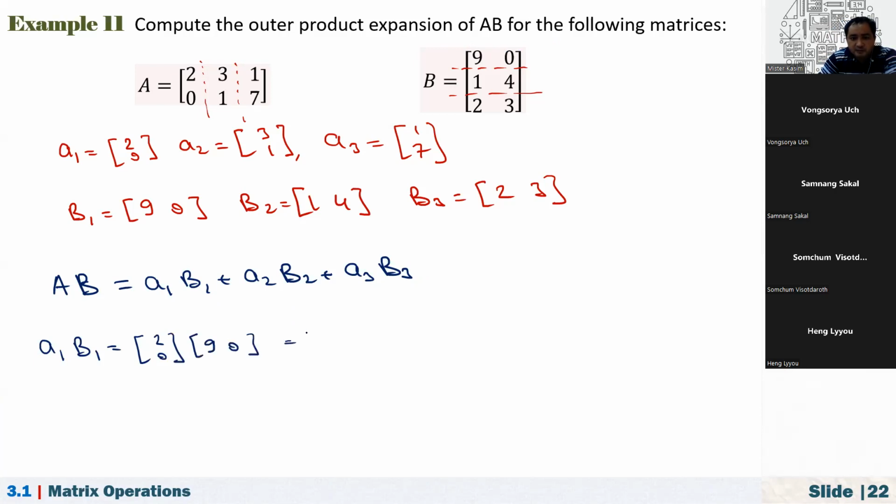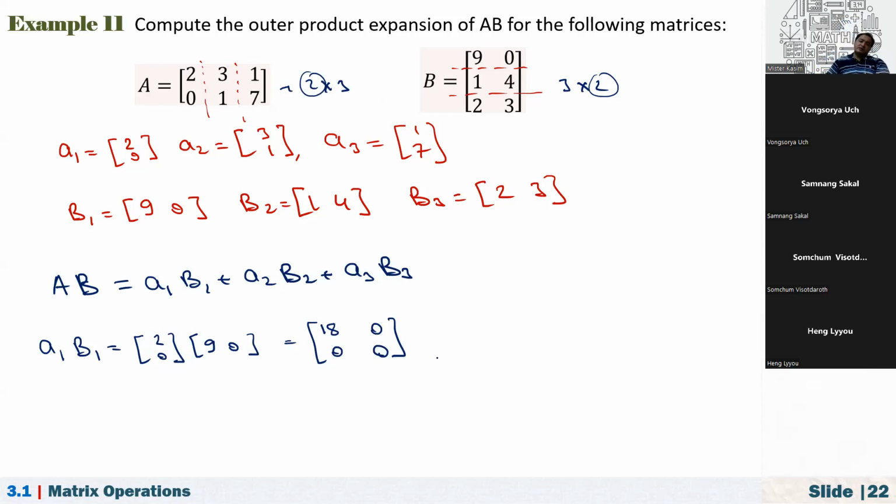This one is 2 by 3, and this one is 3 by 2, so the resultant matrix will be of dimension 2 by 2. The easy thing here is you're just multiplying each element by each element. 2 times 9 is 18, 2 times 0 is 0, and in the second row, 0 times 9 is 0, 0 times 0 is 0.